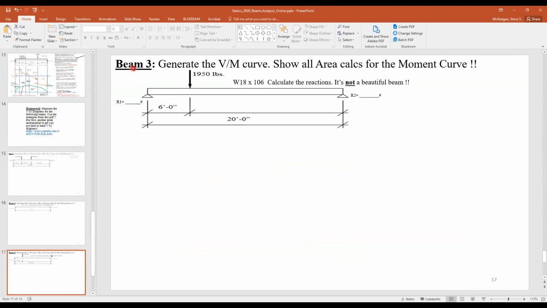When is beam B3 due? Saturday night. Or Monday morning? Okay, that'll work. We'll keep that.